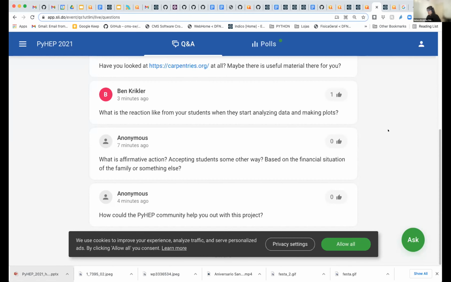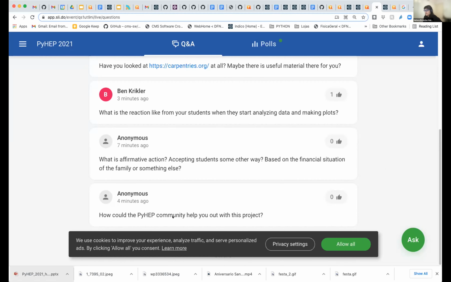So you can declare yourself as a Brazilian Indian, for example, and there is an amount of quota that is designed for you at the university. So it's both racial and financial.